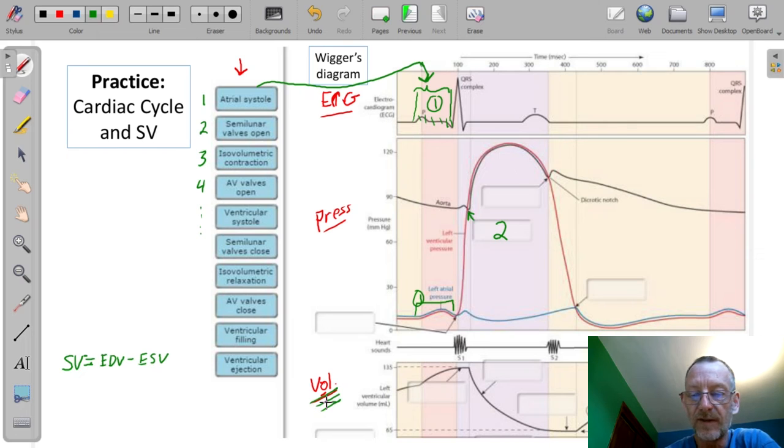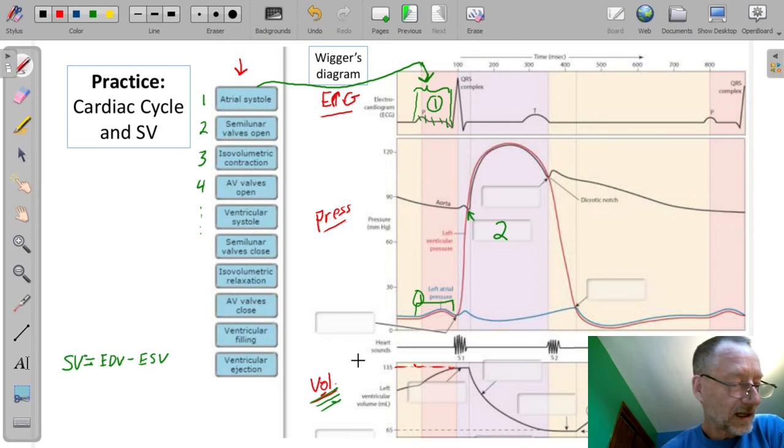And end diastolic volume is the maximum volume in the heart at the end of diastole. So the ventricles start to contract with the QRS. So here is the maximum volume in the heart. And that's the EDV. And it looks like it's about 135 mils.